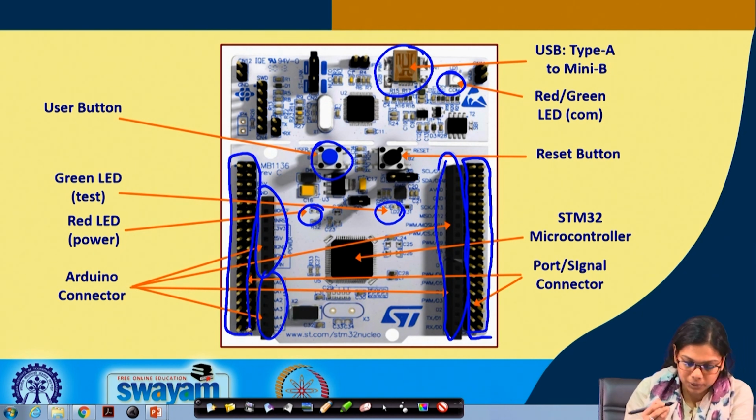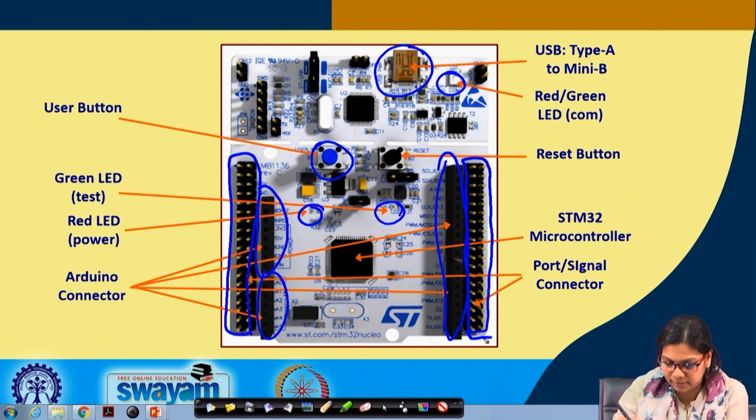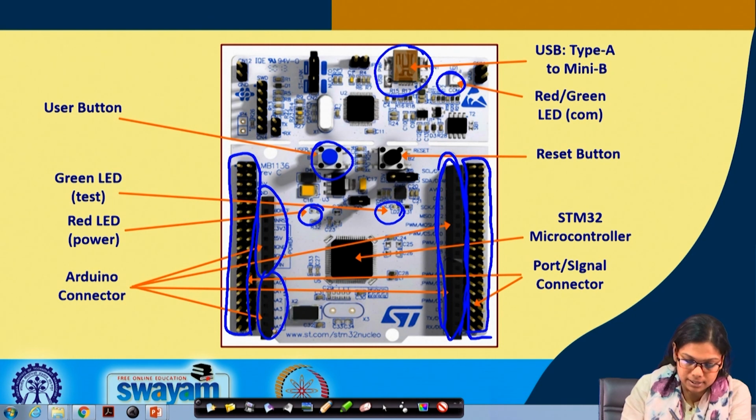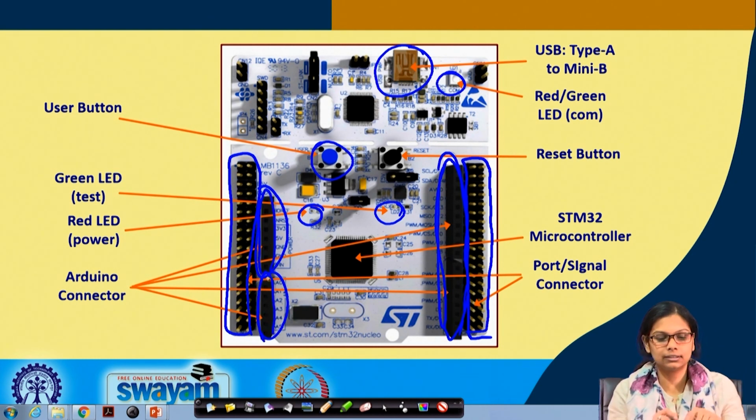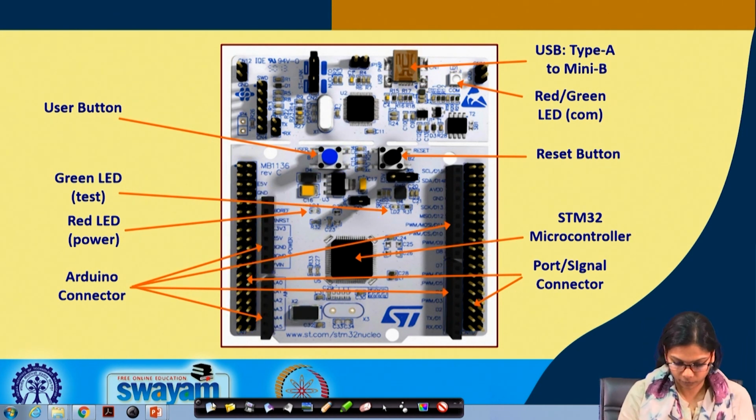Apart from these connectors, there are many other connectors that can be used, but in our experiments we have mostly used these Arduino connectors, these sets of connectors here and here. This is the typical board diagram of this STM board that we will be using.